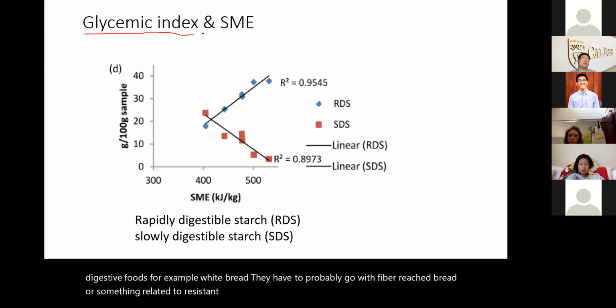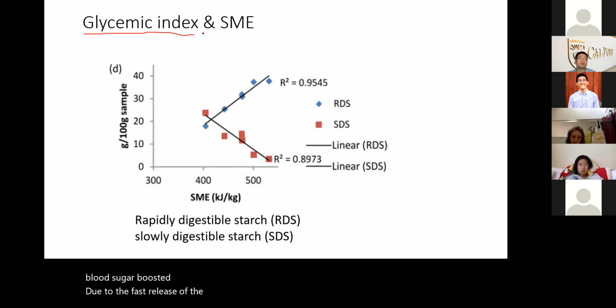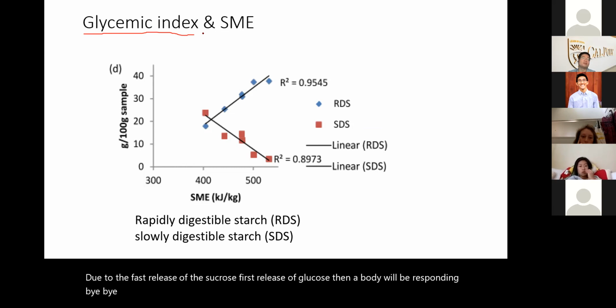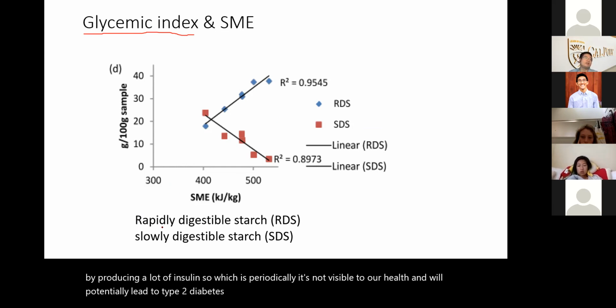That's because when we have the blood sugar boosted due to the fast release of glucose, our body will respond by producing a lot of insulin, which periodically is not good for our health and will potentially lead to type 2 diabetes. So the food industry has been trying very hard to produce slowly digestible starch.